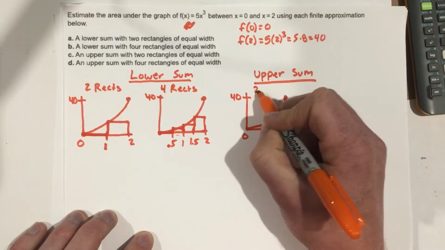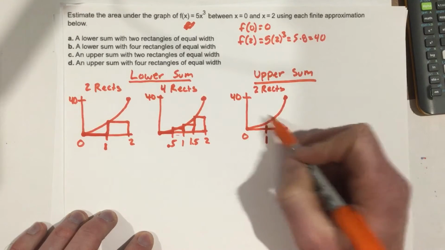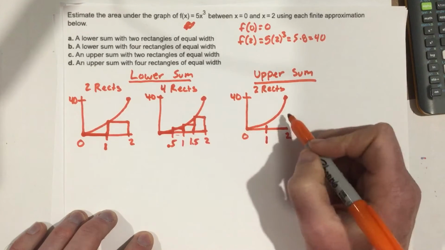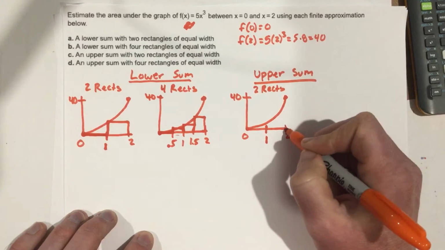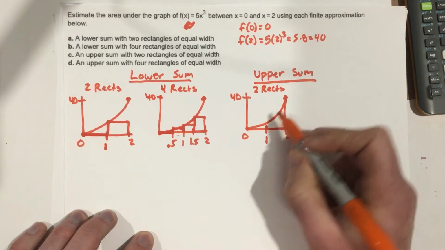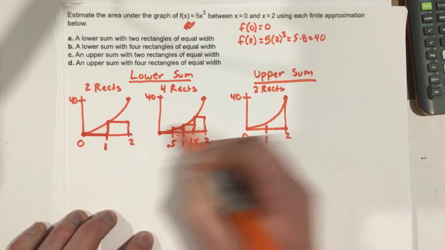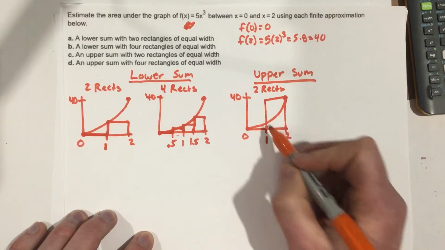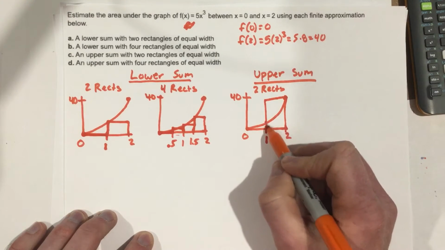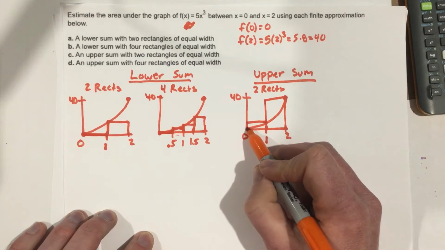This is for the 2 rectangle version. But now instead of it being below the curve, we're going to allow it to be above the curve. What's the biggest rectangle we can make there? Instead of the inside version, we're going to use the outside version. So we go up all the way to the top and over. That's our first rectangle. And then we touch wherever 1 touches the function here. And that's our second rectangle.